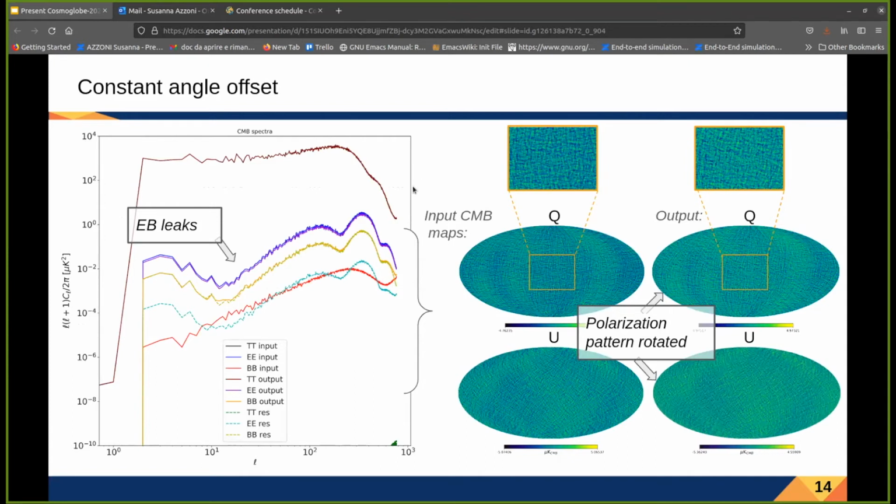You can see that from the left plot where we've got the power spectra for the input and output of the Mapmaker. And we also see the same effect, so that we expect this polarization pattern rotation in the maps, and we see that from the input and output maps. Here I'm plotting just the polarization ones.